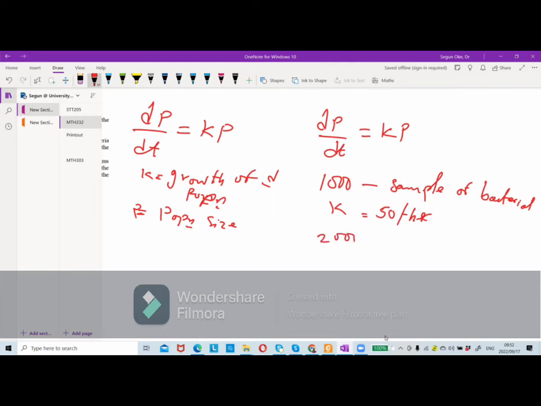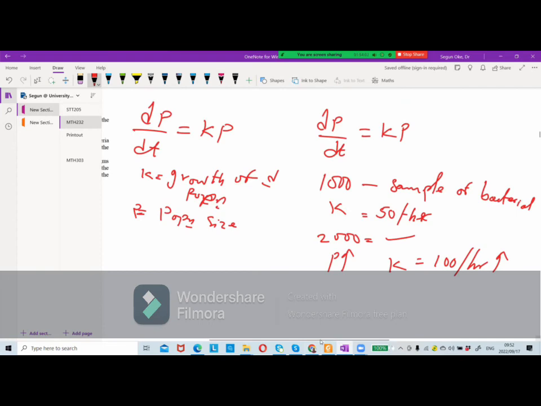Let's say 2,000 is now my sample size, then you should expect K to also move up. If my P moves up, K will also move up. Let's say K is 100 per hour. So that is why they want to know at what point this thing happens.